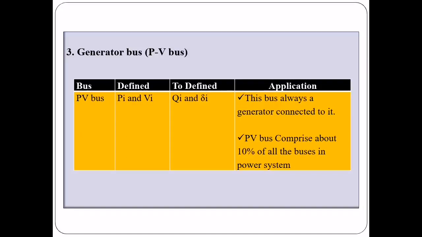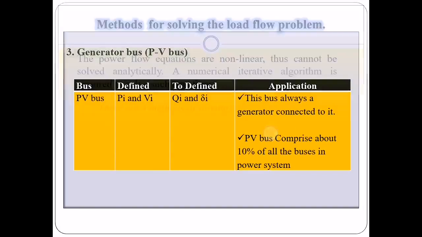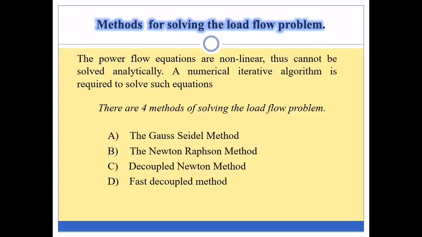And PV buses comprise about 10% of the power system, that means in the entire system, you can see 10% of the buses are of PV type. Then, methods to solve the load flow problem. Normally the power flow or load flow equations are non-linear and they cannot be solved directly.